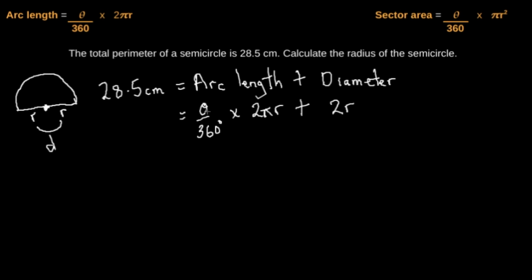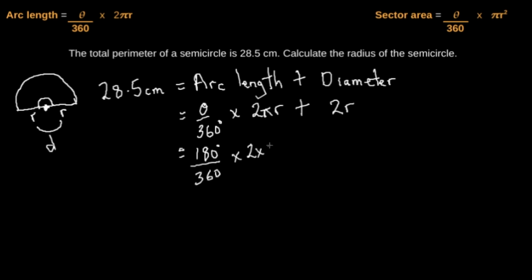Now, what is theta, you might ask? This is the diameter. This is the angle right here, the angle of this sector, the angle of the semicircle. It's a straight line. The angle on a straight line is always 180 degrees. So that's what we're going to put right here, 180 degrees. So 180 degrees over 360 times 2 pi.